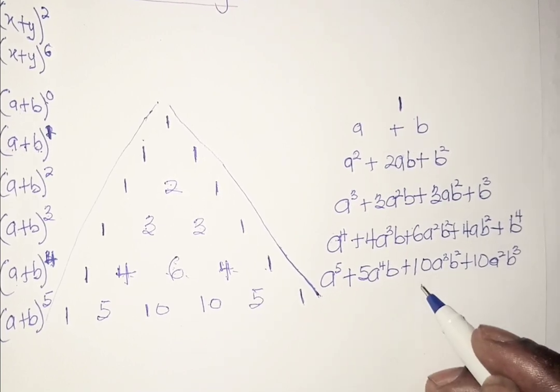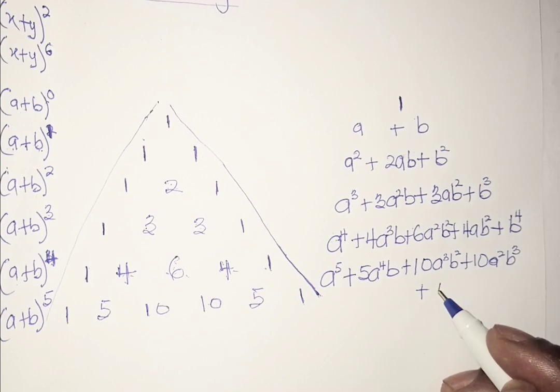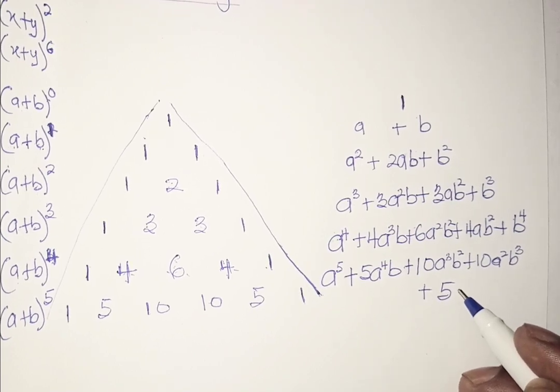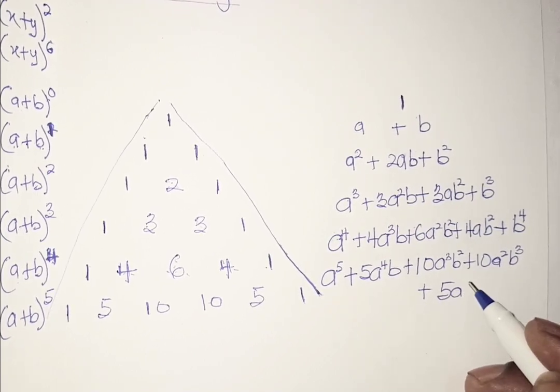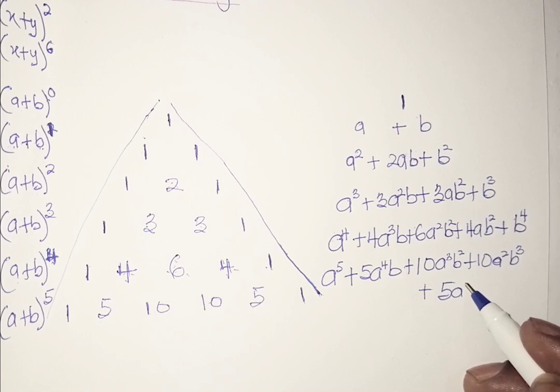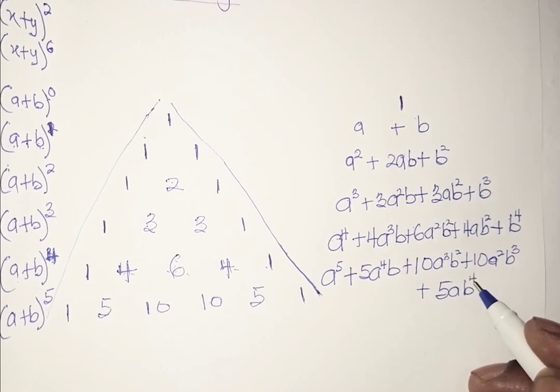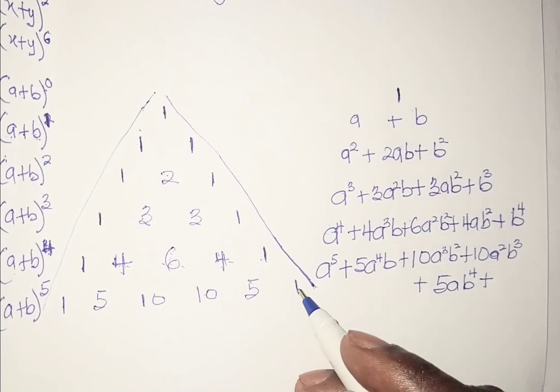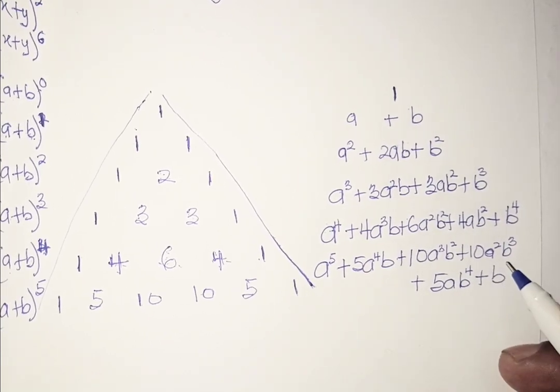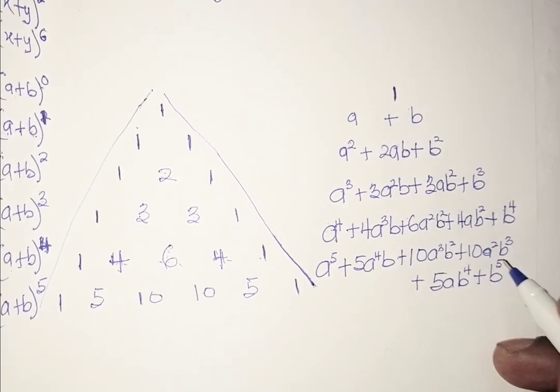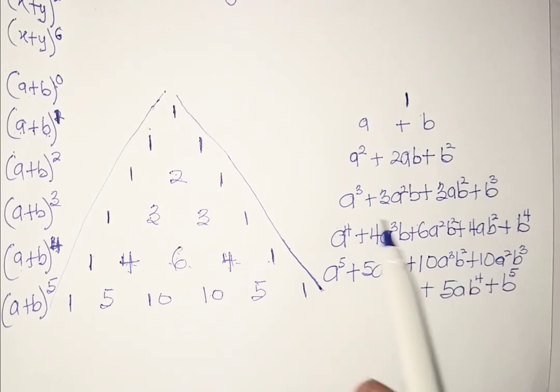My next one is 5. So 5 A exponent 1, but we'll not write the 1. Then B exponent 4. So my last term, which is 1 times B, will give me B. But what is the exponent? 5. Good.